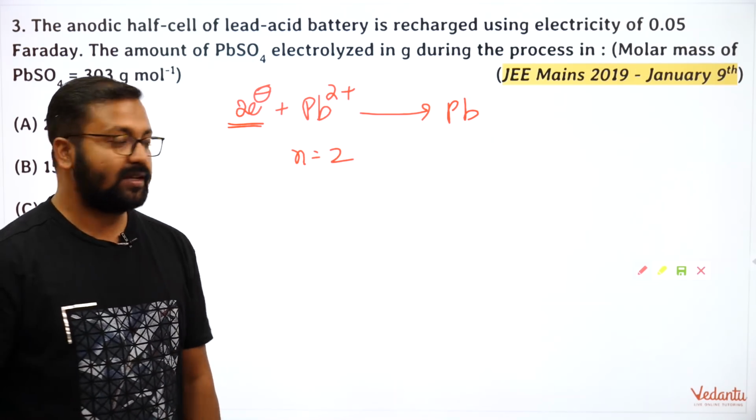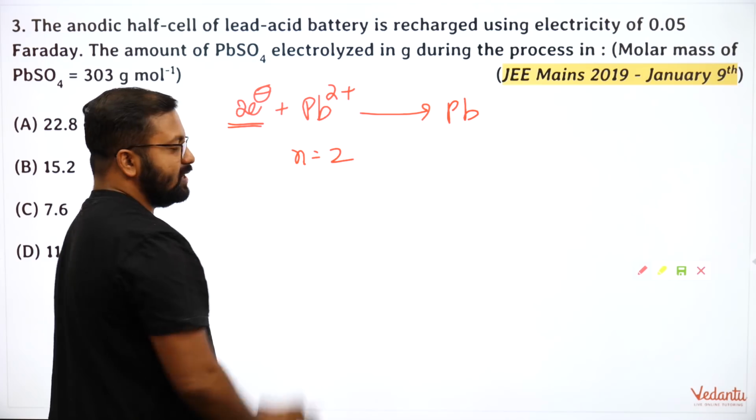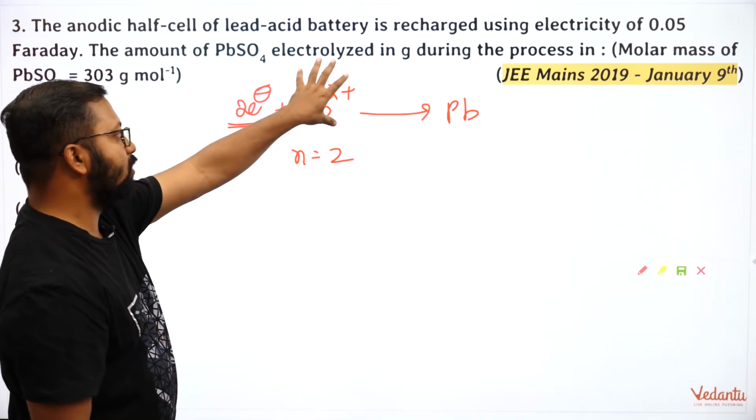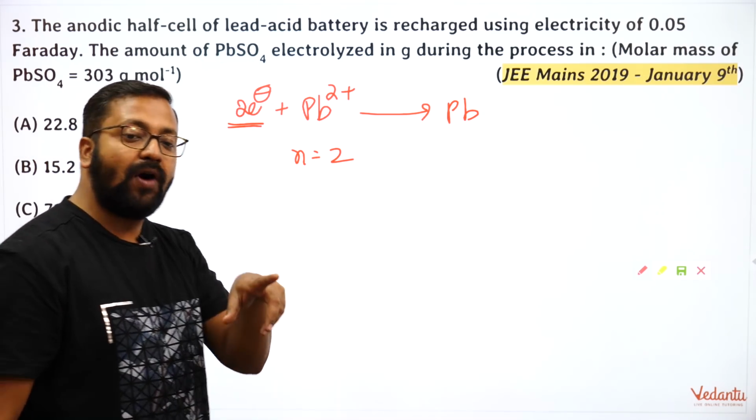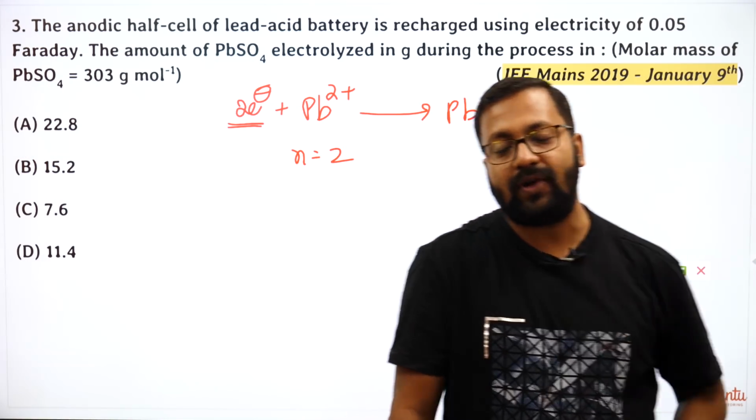What does this suggest? For one ion I require 2 electrons. So 1 mole of ions will require 2 moles of electrons.